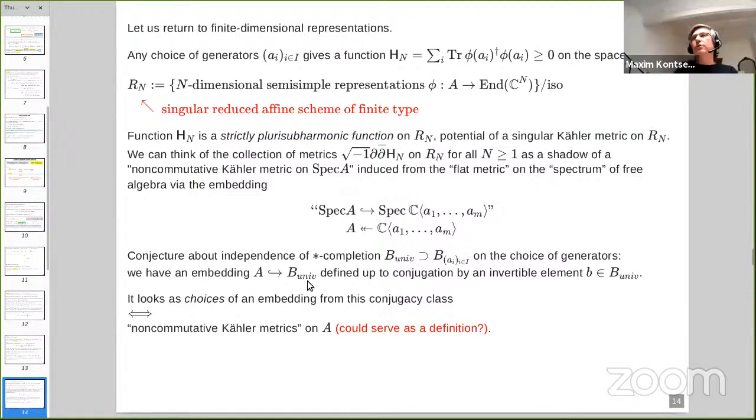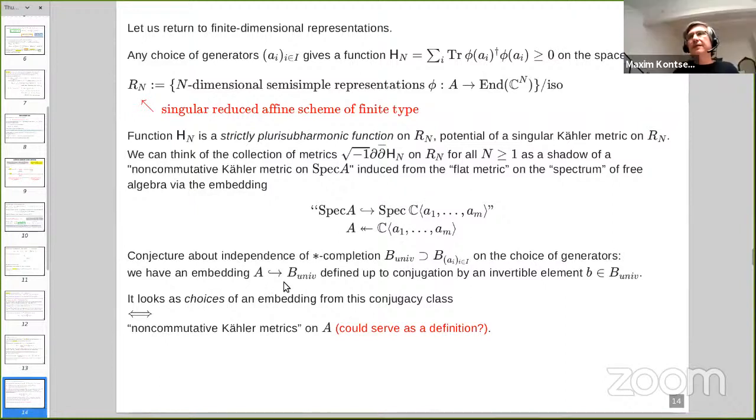No, the claim is this universal B doesn't depend on your generators. Then you embed your algebra, because the algebra doesn't have a star structure at all. I claim that if you choose generators, it contains your algebra A as a part. But if you choose different generators, it contains it in a different way.